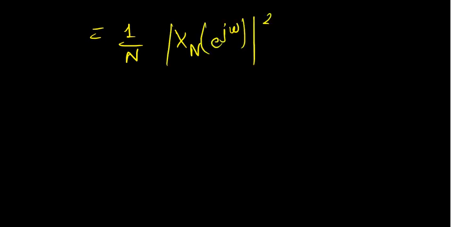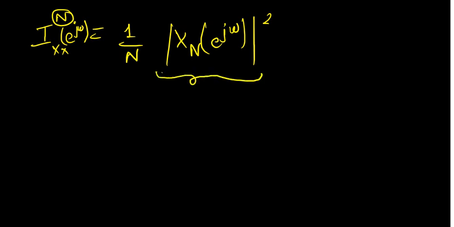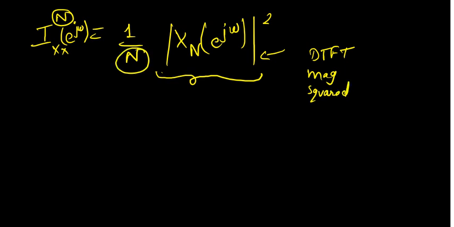So at the end we are left with our periodogram, which is given by I_xx of n, because this is an n point data sequence, that's why I'm writing n, and it is given by 1 by n, that is the average, and it's nothing but just the DTFT magnitude squared, divided by the total length of the sequence, which gives me the periodogram. So we achieved our target.